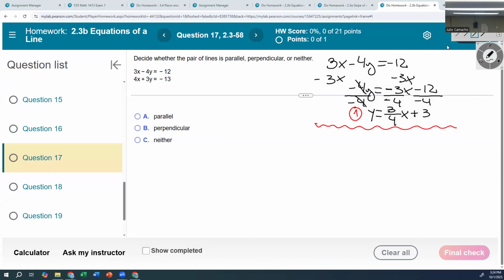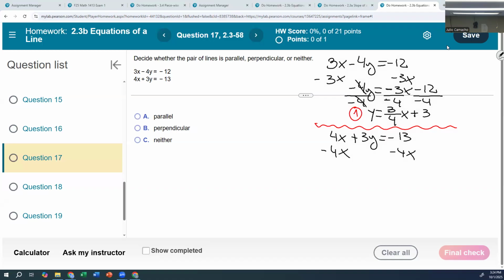Let's transform from the standard form to y-intercept form. My second equation is 4x plus 3y is equal to negative 13. So let's start working our question. We need to subtract 4x from both sides.